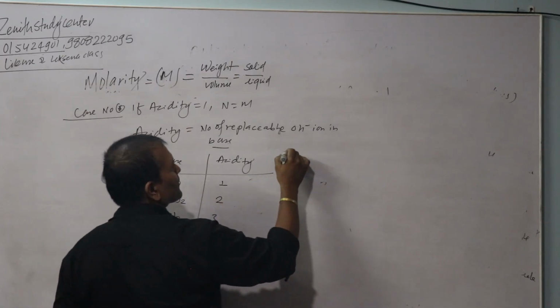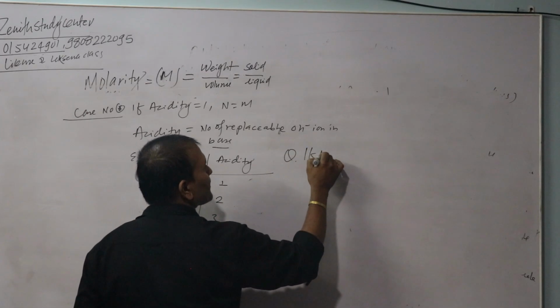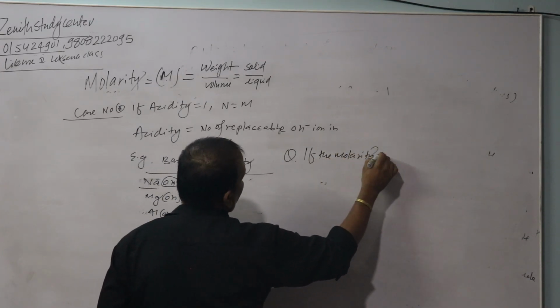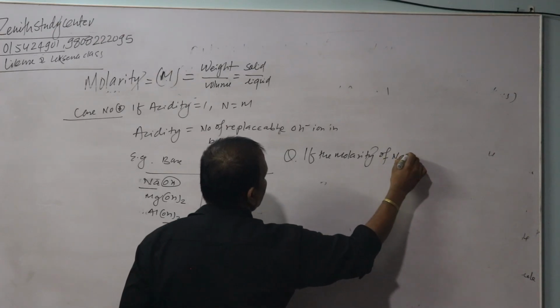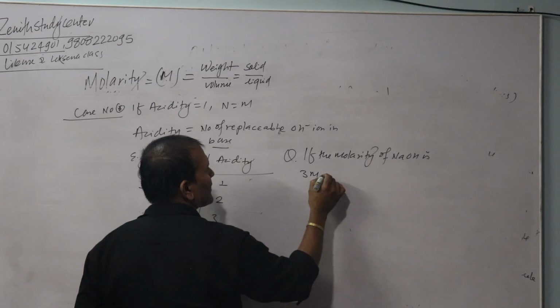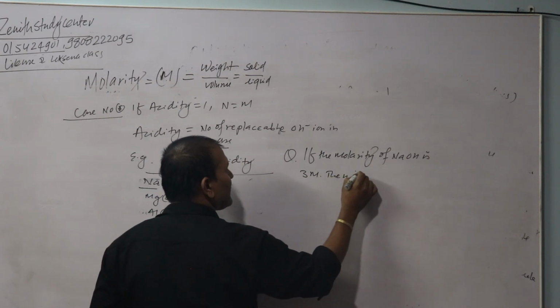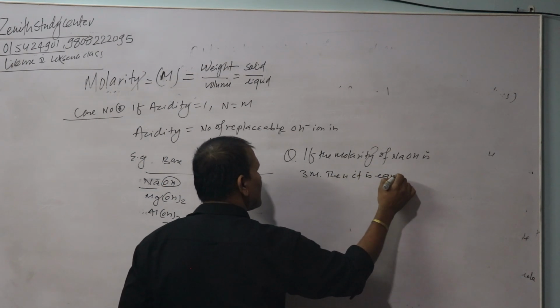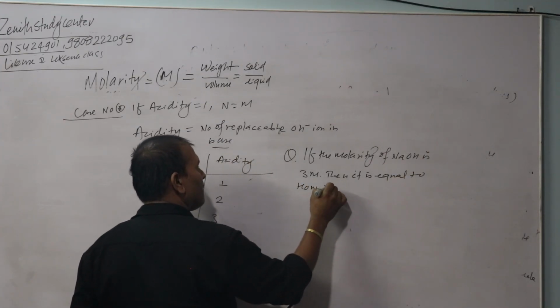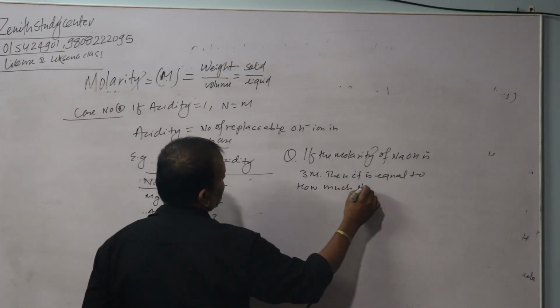So question: if the molarity of NaOH is 3 molar, then it is equal to how much normality?